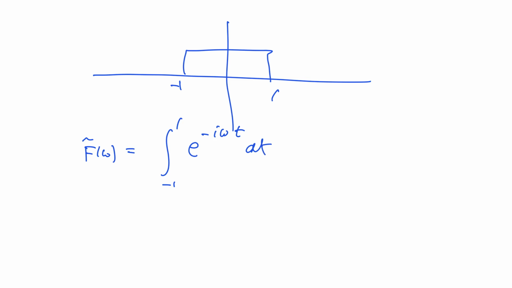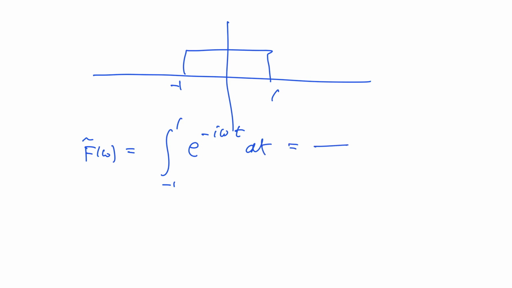Let's say a very simple case. This is not a periodic function, right? But we can regard this as repeating after infinity. Then the Fourier transform is the integral from minus 1 to 1 of exponential minus i omega t dt, right?